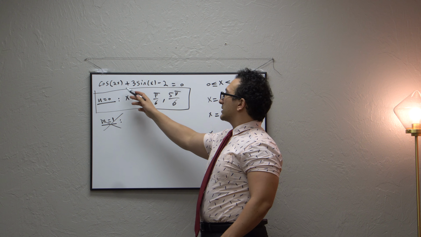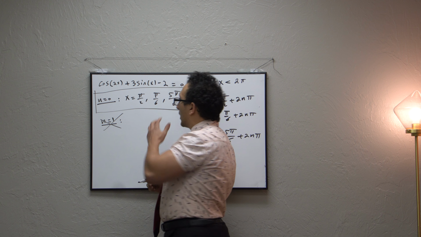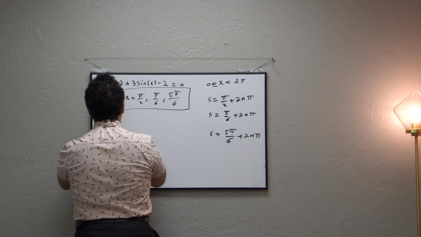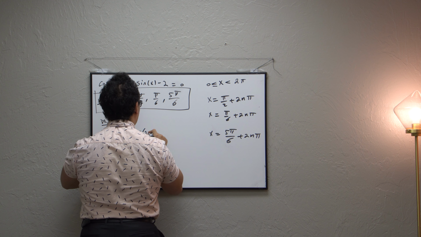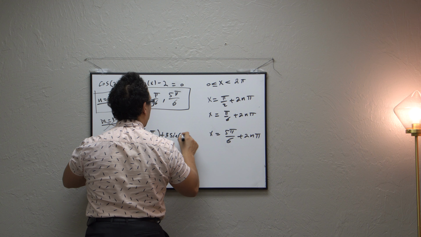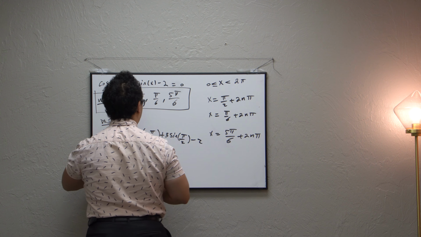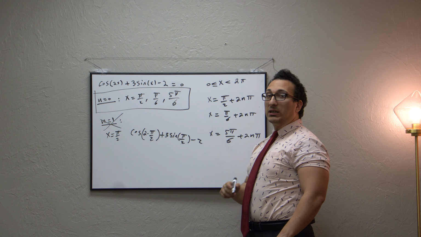You can plug this back into the original equation and see that it is indeed a true statement, because when x is equal to pi over 2, for instance, this becomes cosine of 2 times pi over 2 plus 3 sine of pi over 2 minus 2. Okay? This reduces to cosine of pi.